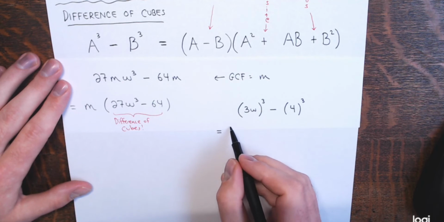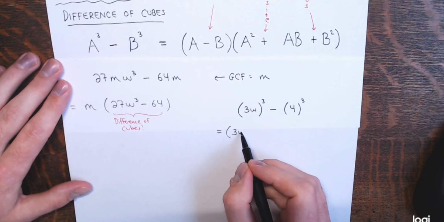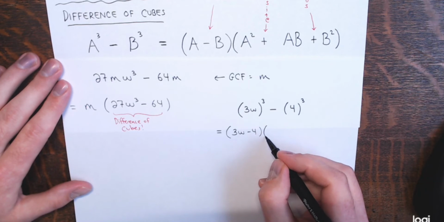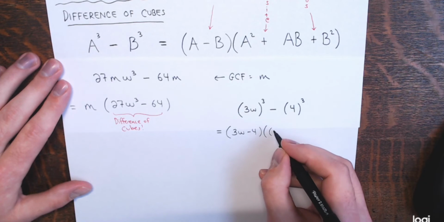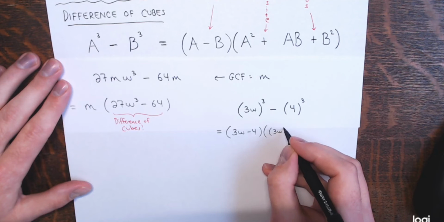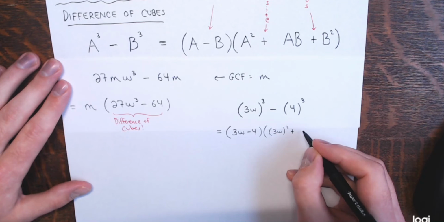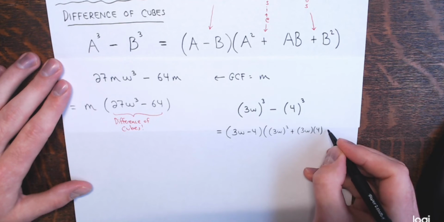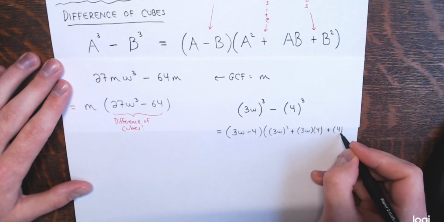So this will factor to 3w minus 4. Just get rid of the cubes for the binomial factor. And then for that trinomial factor, we got A squared, so 3w squared plus AB, so plus 3w times 4, and then always plus B squared or 4 squared, and we'll simplify that.